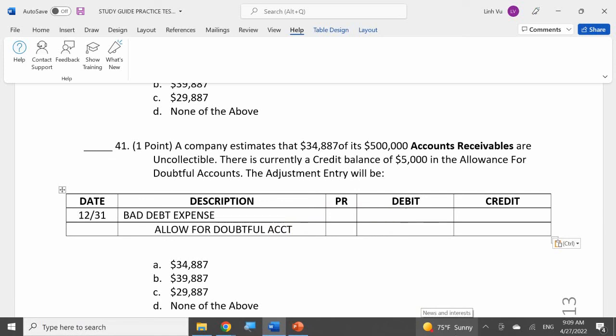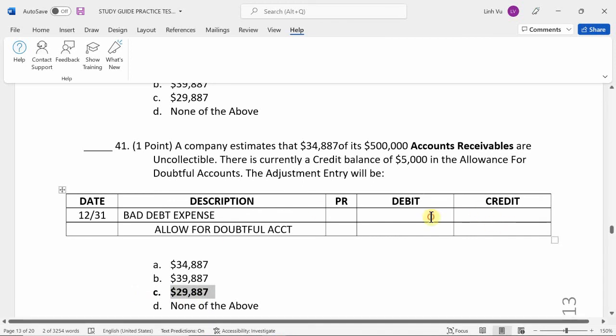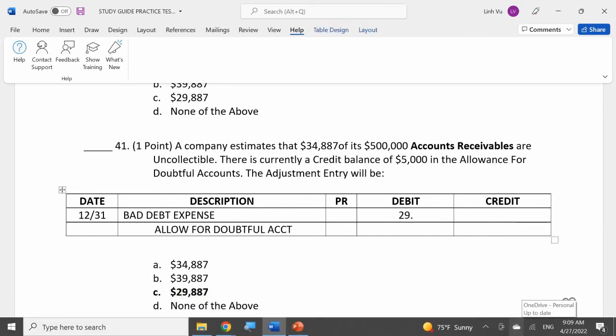We're going to take the estimate. And since there's a credit balance in my allowance for doubtful accounts of 5,000, my end goal is I need to get to 34, but I'm already on the right side, 5,000. So how do I get from 5,000 to 34,000? I simply just subtract the two numbers and I should get 29,000.